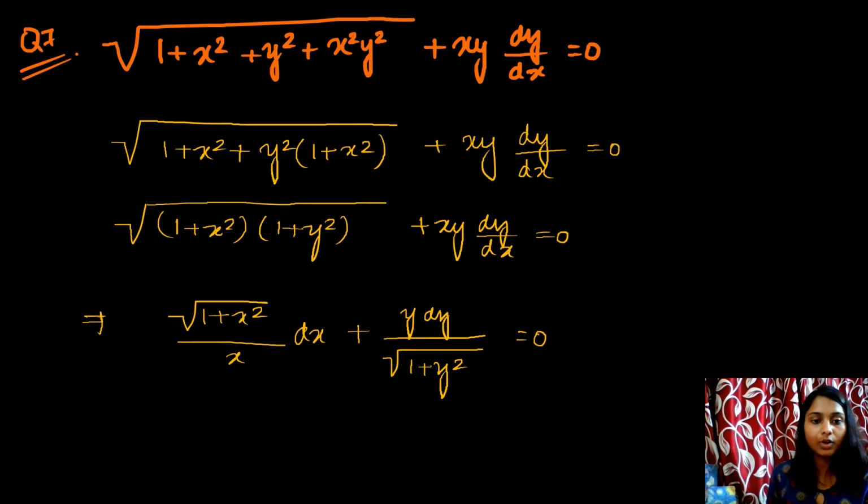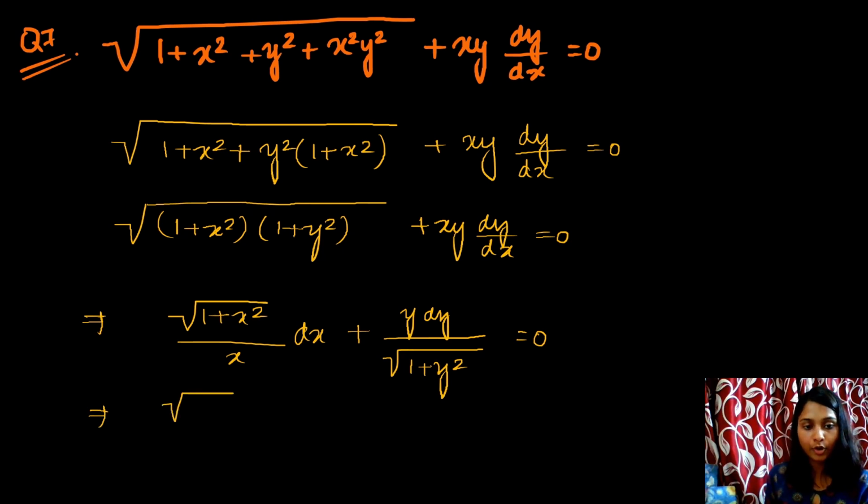equals to 0. Okay, now see that the derivative of y square has a y term, and similarly the derivative of x square has an x term. So here there is a y, but there is no x here. So if we take an x and x here, it will make this x square. So we are going to do that.